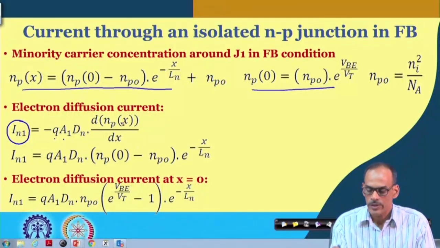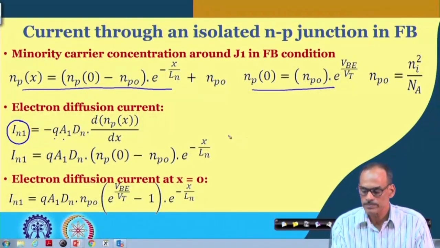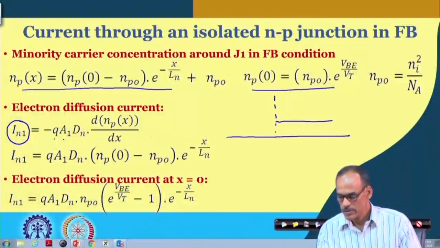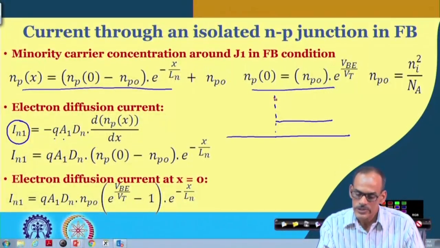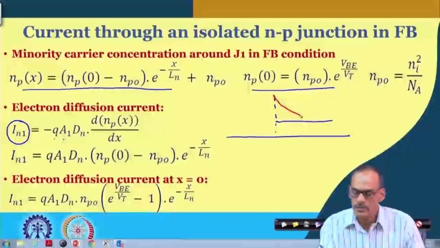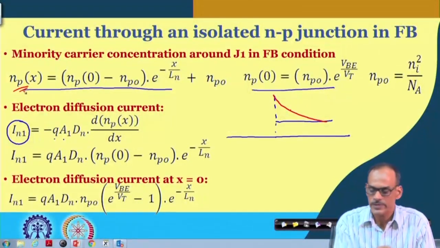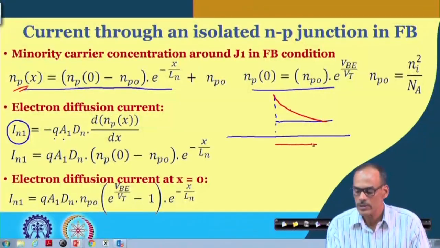So, let me redraw here. We have seen that electrons are getting into the base region, and it has a profile like this, and the expression of this profile is given here.